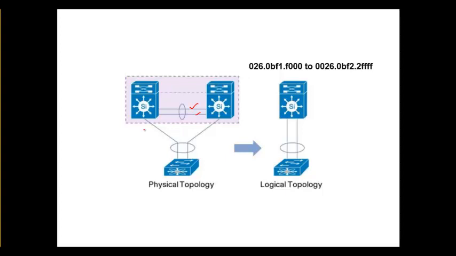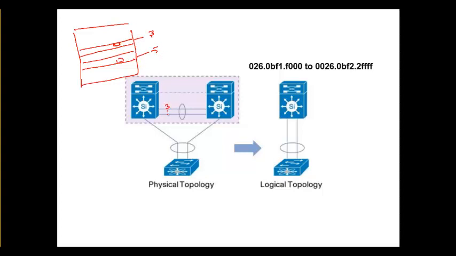And also, you know how we bundle? Let's say it's a Nexus 5000 series. We'll take one port from one slot, let's say slot number 3, and another port from slot number 5.